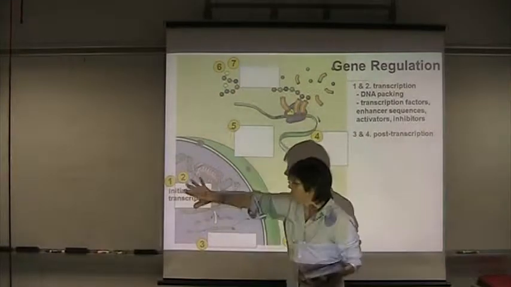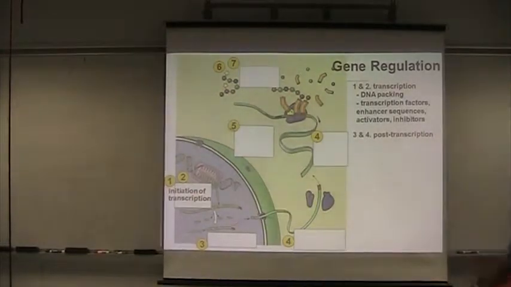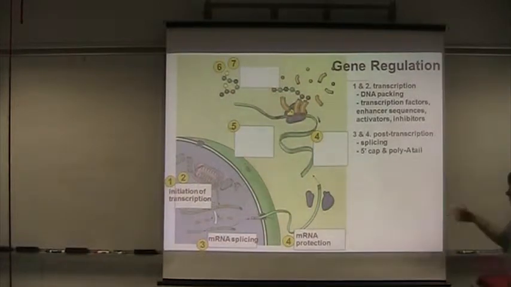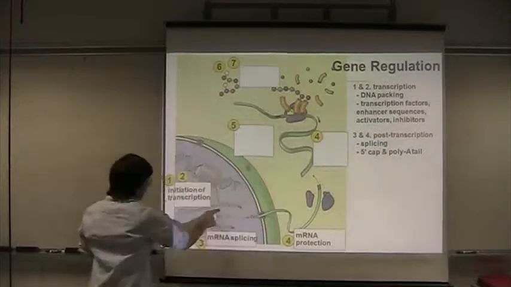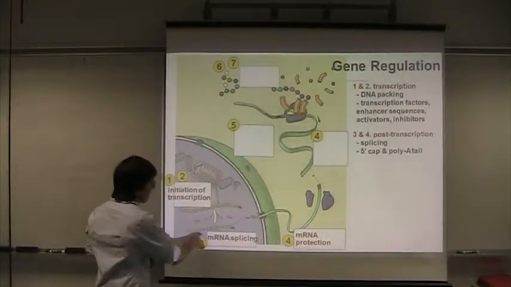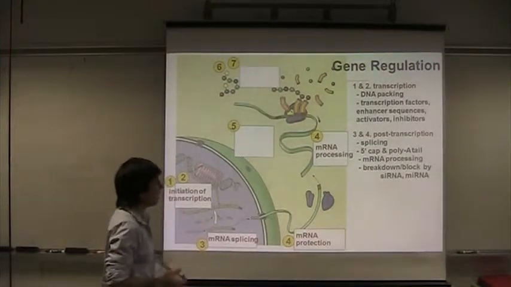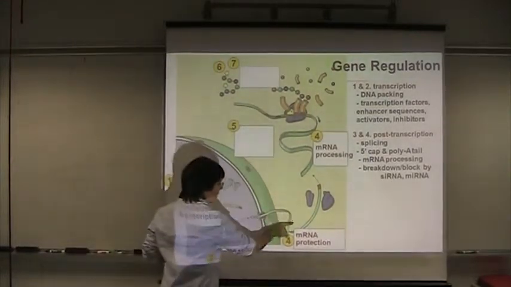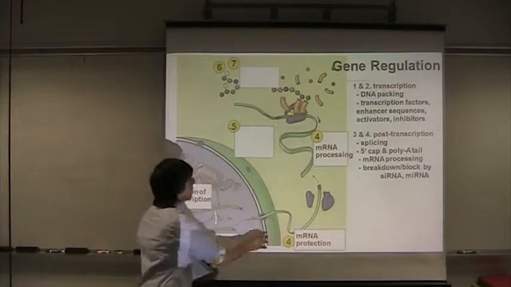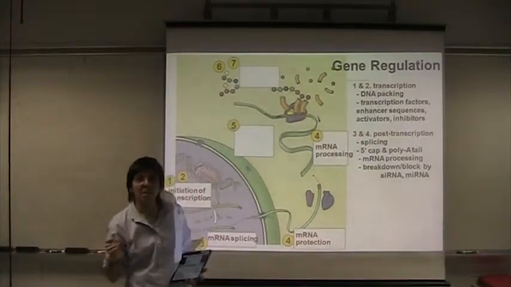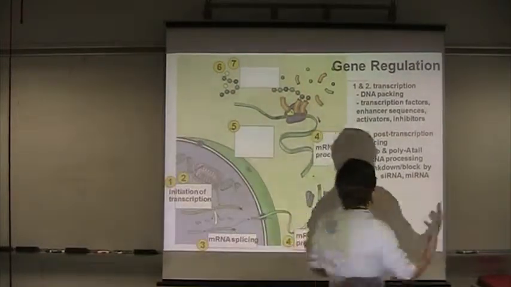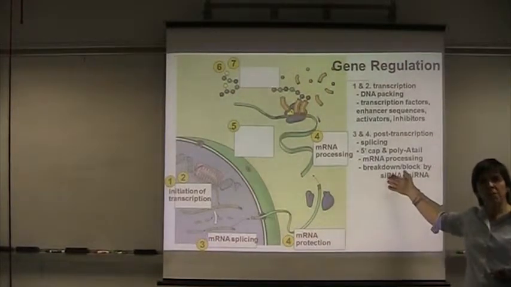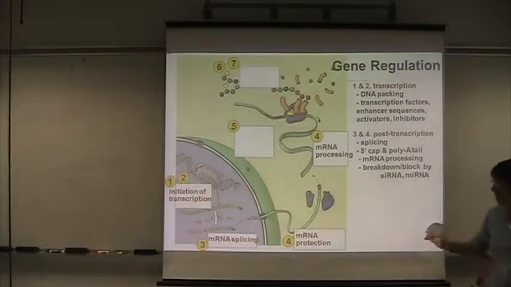If you make it through transcription, you have all the post-transcription modifications, and you have splicing. Nice splicing. You have the 5' cap, the poly-A tail, and then as soon as you go into the cytoplasm, there is the new stuff that has to do with the breakdown or blocking of messenger RNA by small interfering RNA or microRNAs.